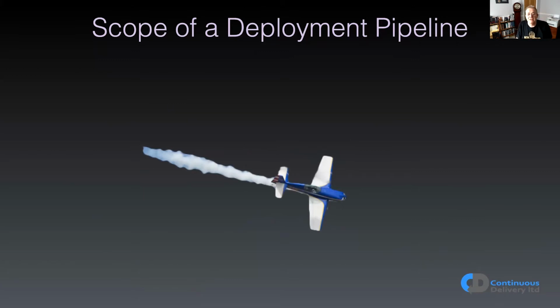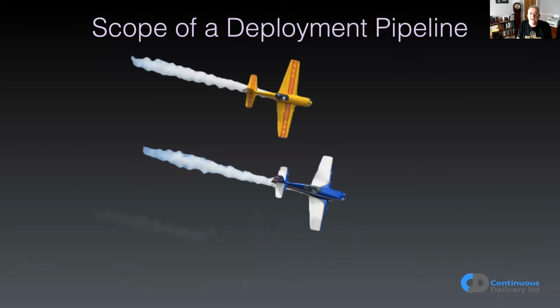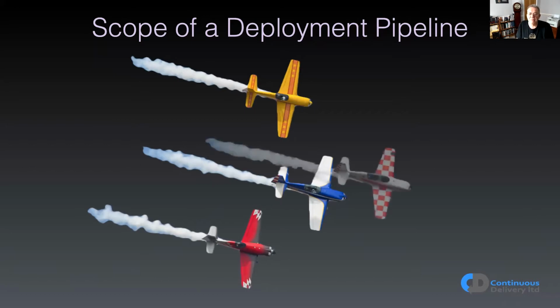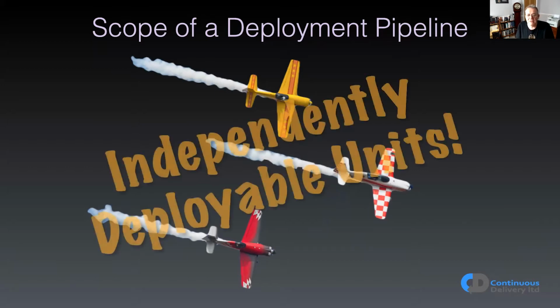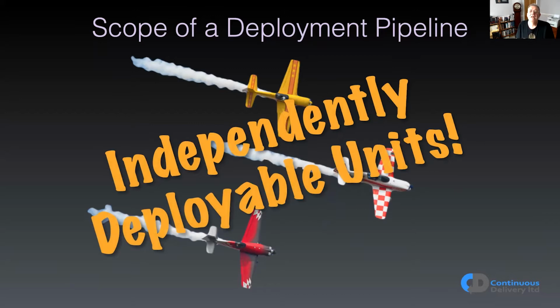Now, some kinds of systems may be made up of several discrete, independently deployable units of software. In a system like this, we could add more pieces or take some away, and it's still a system. But each of those pieces is independently deployable. And that has an impact on the way that we think about and apply deployment pipelines.